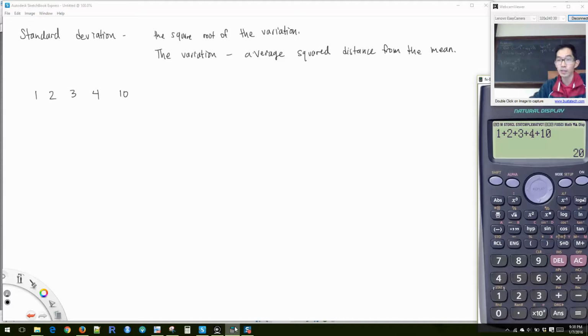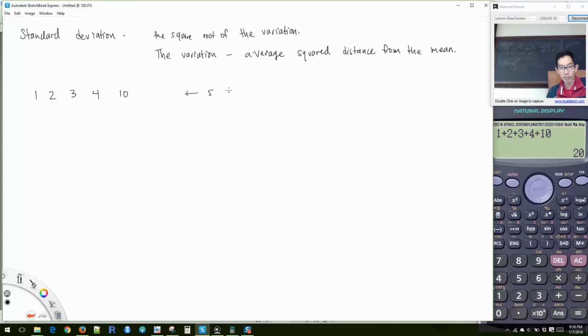Here, we have 5 numbers, and the mean would be 1 plus 2 plus 3 plus 4 plus 10 divided by 5. I have a mean of 4.